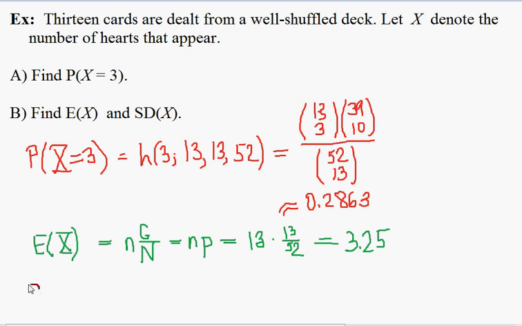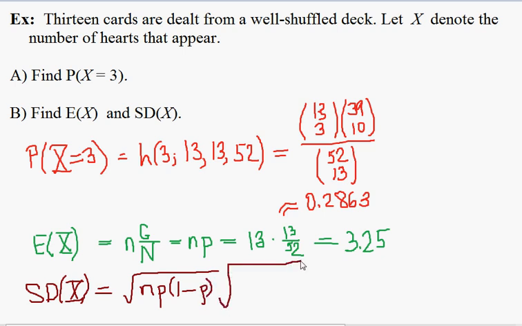Somewhat trickier is the standard deviation of X. And the formula for this looks somewhat similar to the formula that we had before. Square root of n times p times 1 minus p, as before. So this matches what we had for the binomial distribution.